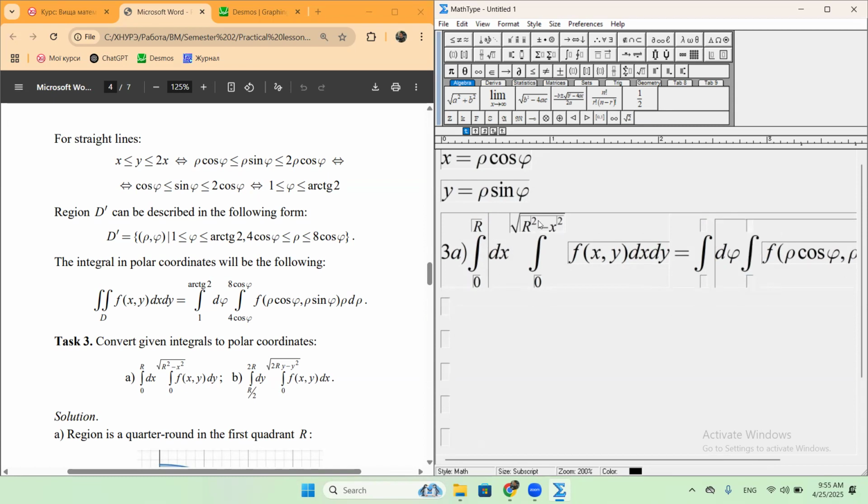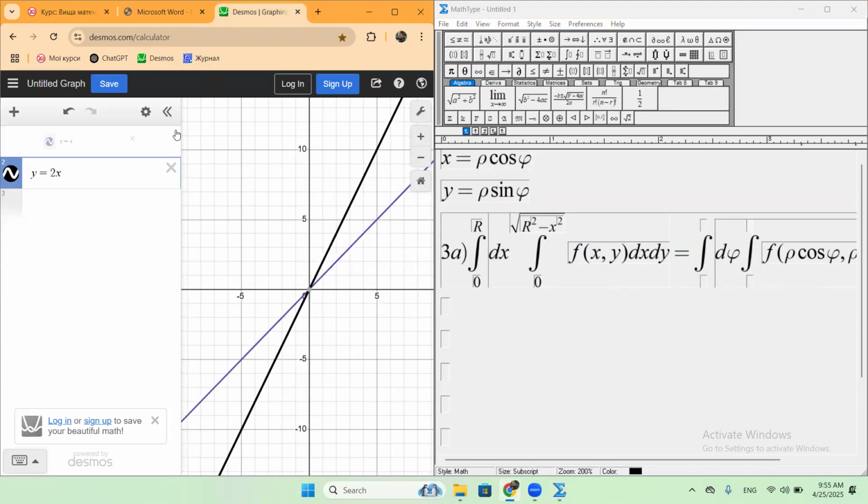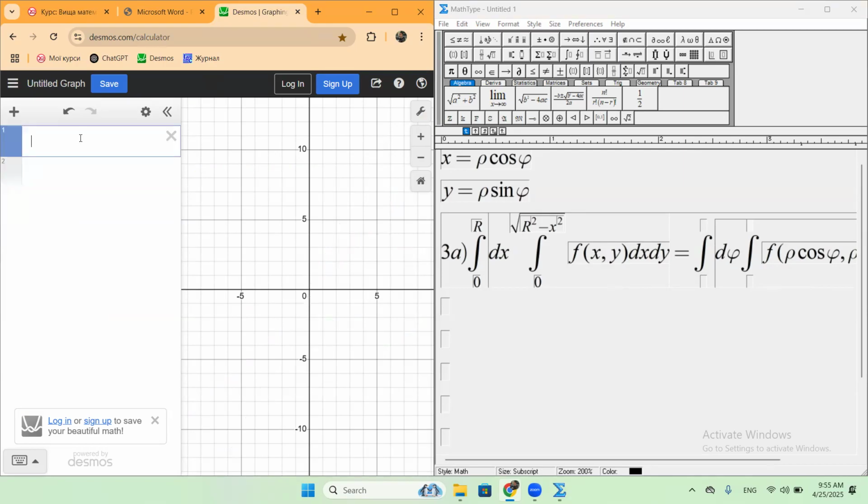Now we build the region of integration from these limits of integration in rectangular coordinates. So let's plot this region using these limits, and we will understand what the region is here.